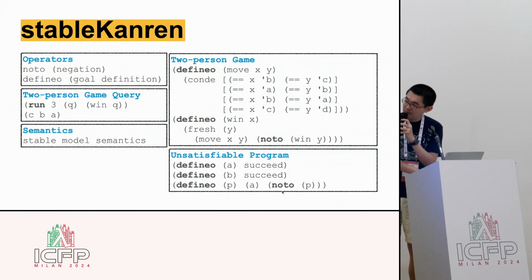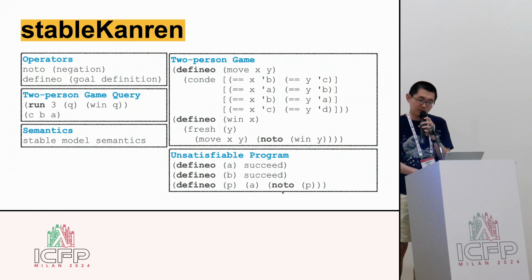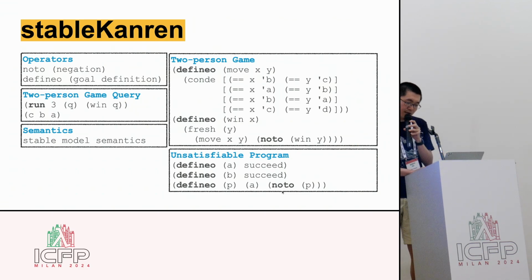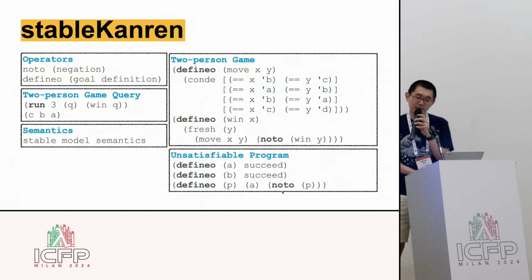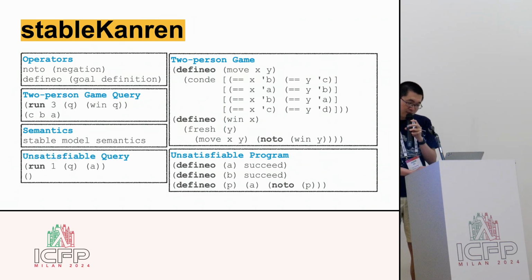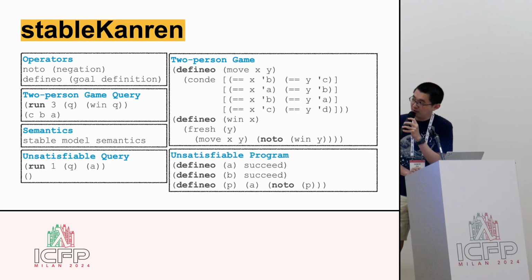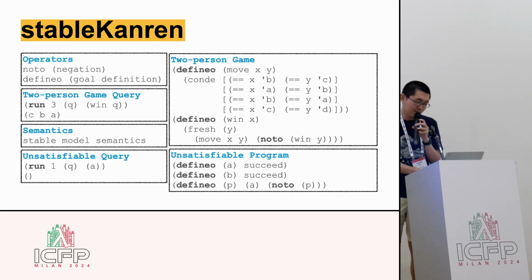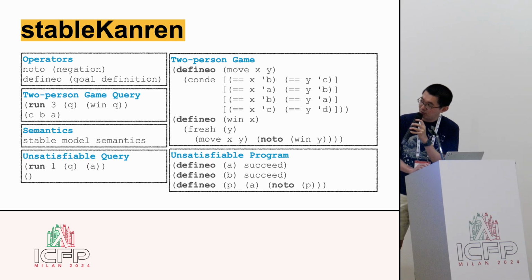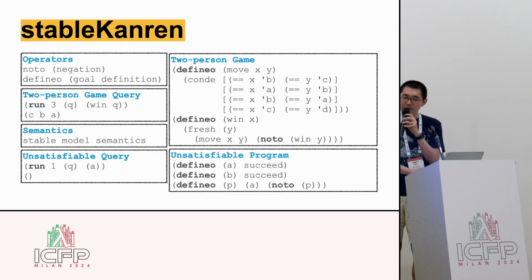So it's saying that P and not P should be true at the same time, which is unable to prove. So this program is unsatisfiable. If we run a query on this kind of program, even though we can see A is in the fact database as a fact, it also returned false. In this case, this is not just false or fail, it's just unsatisfiable.